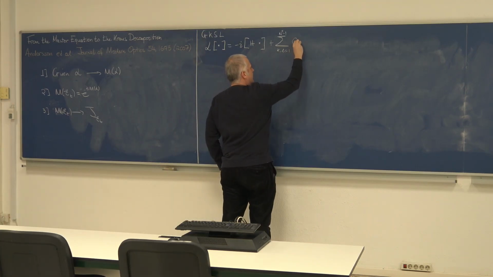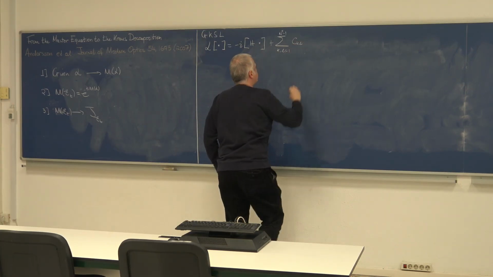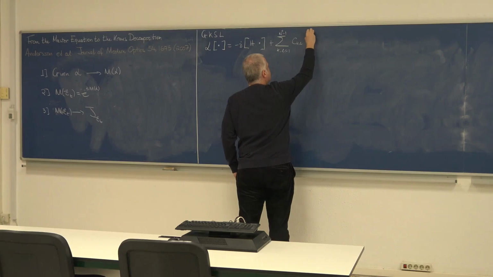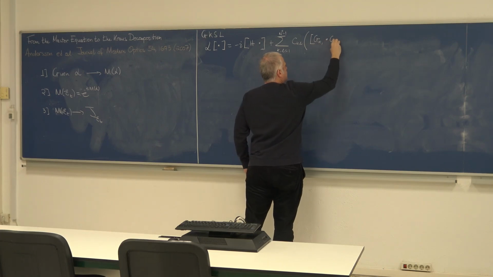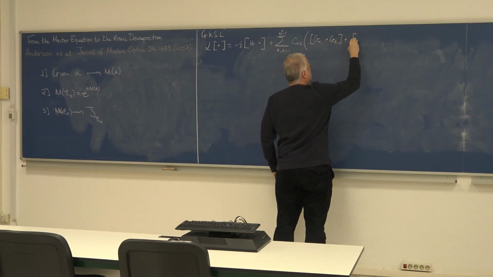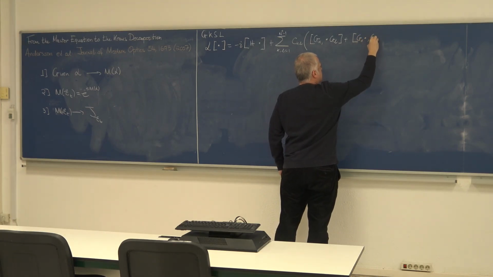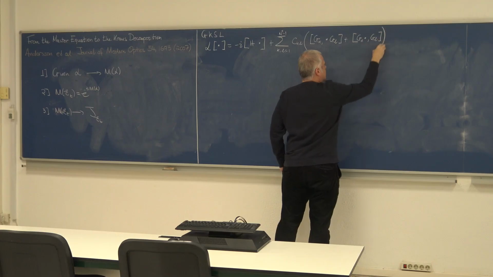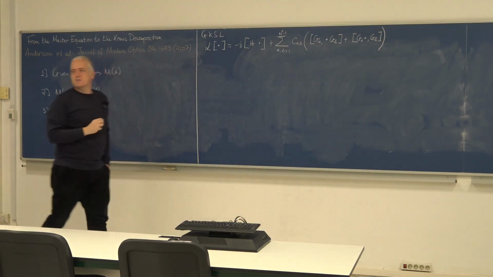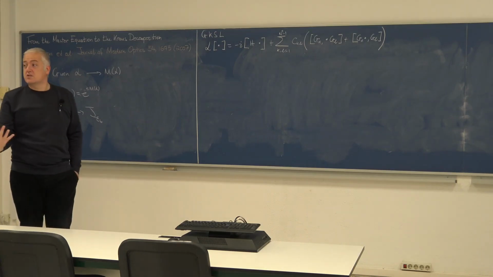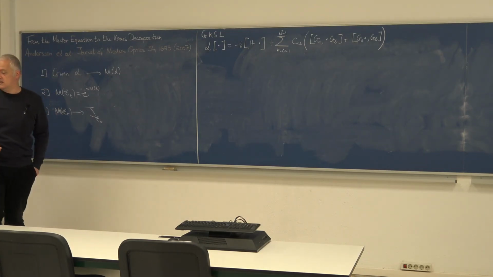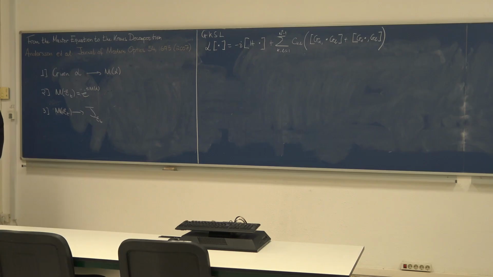We had this Gorini, Kossakowski, Sudarshan, Lindblad matrix C, which has to be positive definite. And here we had our G_K, G_L, plus G_L, right? Where these G_Ks form an orthonormal basis of Hermitian operators for the Banach space.